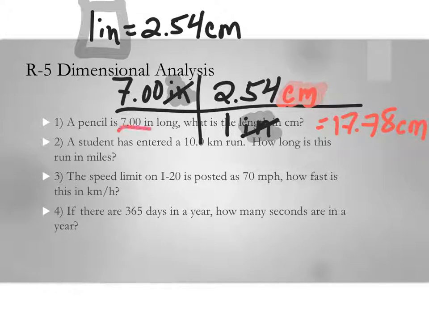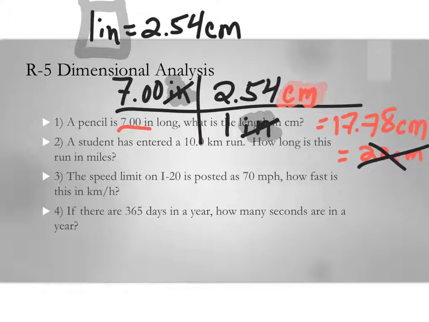Now, your number there, 7 inches, has 3 significant figures, and you've got 2.54 centimeters, which has 3, and 1 inch, which has 1. So you might say the answer's got 1 significant figure. Oh, so, okay, we'll have 20 centimeters, and the 0 is not significant. However, that would be wrong. Don't do that. Conversion factors have infinitely many significant figures because we say it is a known fact.